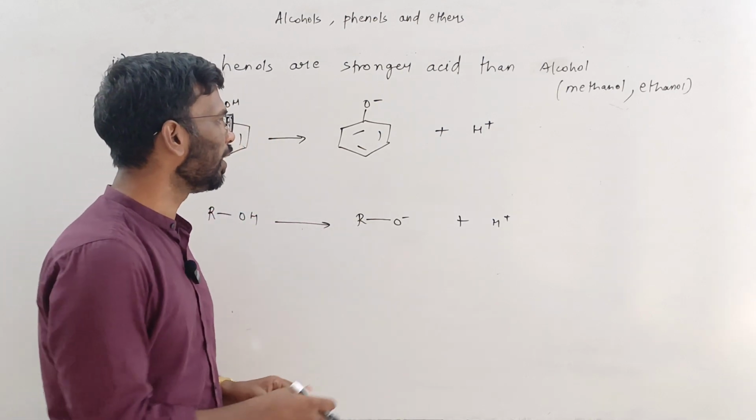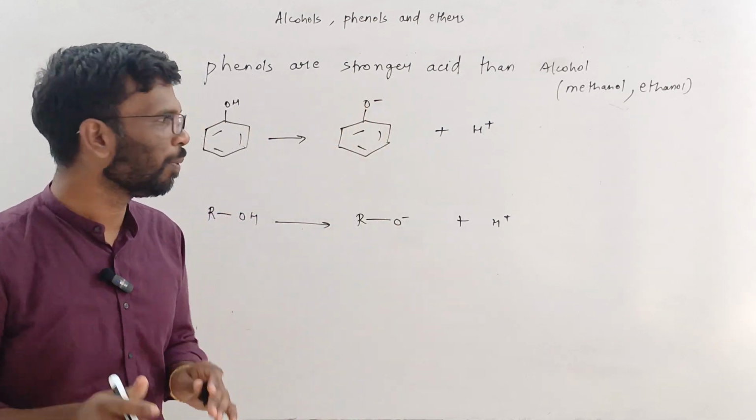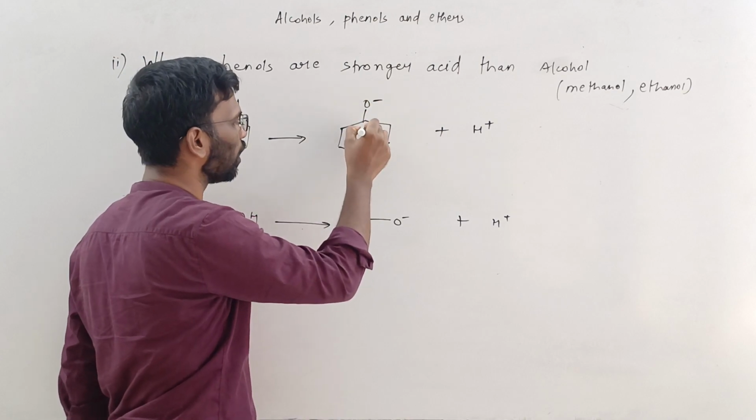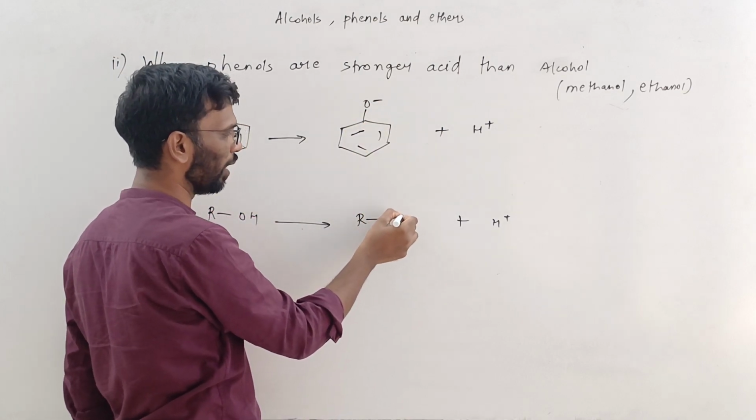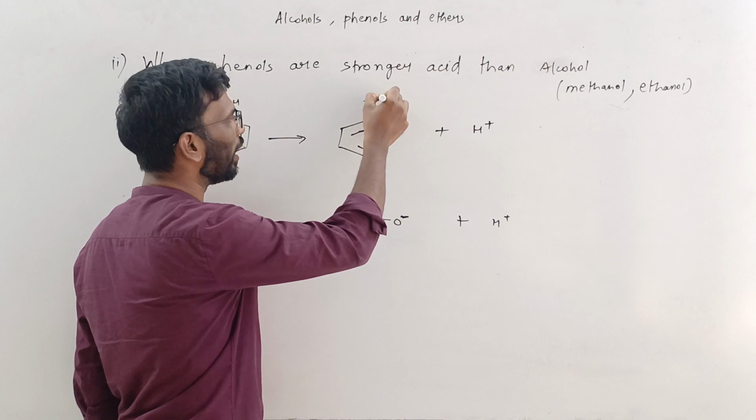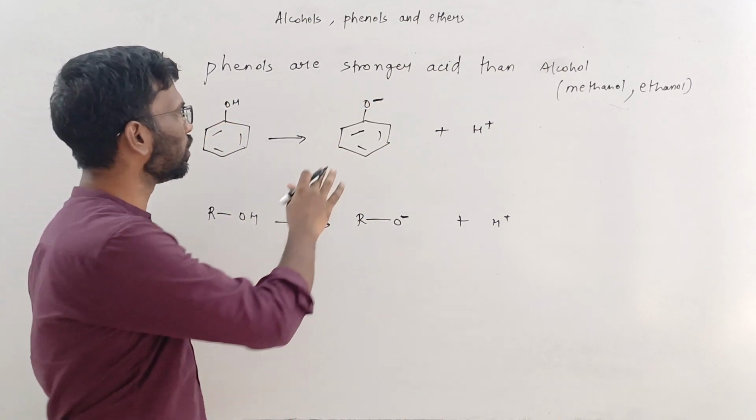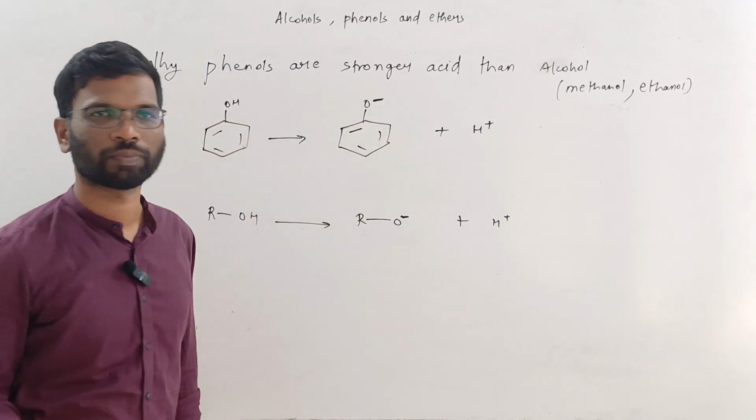In which case is the negative charge more stable? Remember, here the negative charge is more stable compared to this negative charge, because over here the negative charge is in resonance. It is in conjugation, right?